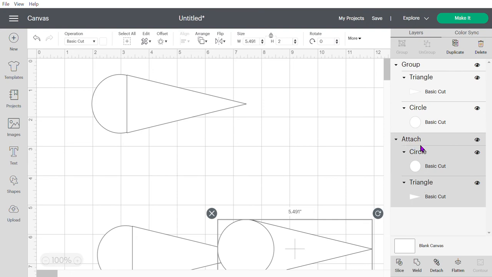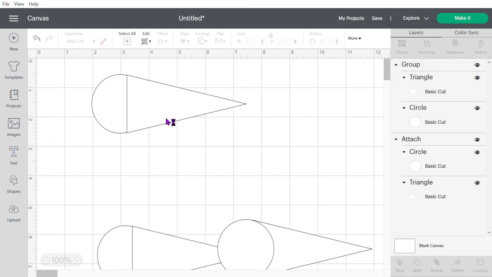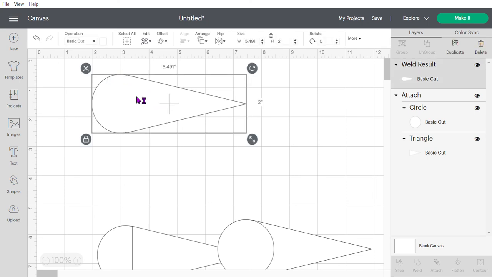You see attached, you still have your circle, and you still have your triangle. They're just going to cut together. Now weld, do you see how the circle and the triangle meshed together, glued together to become one shape?